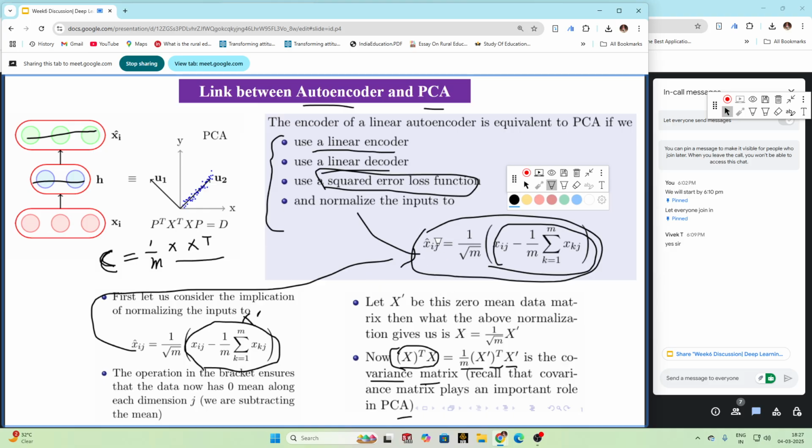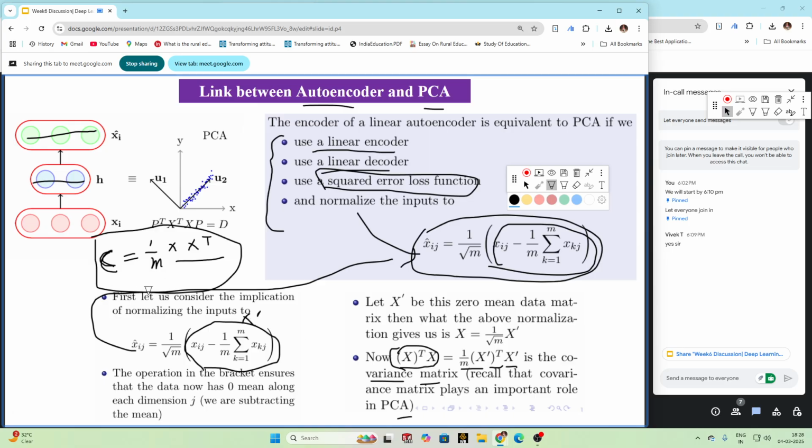Why do we require this normalization of input? Because in PCA we calculate the covariance matrix, and the eigenvalues and eigenvectors are calculated from this covariance matrix. If we convert our data points to this form, the condition becomes similar, because in the covariance matrix also we are centering our data and then dividing by m.